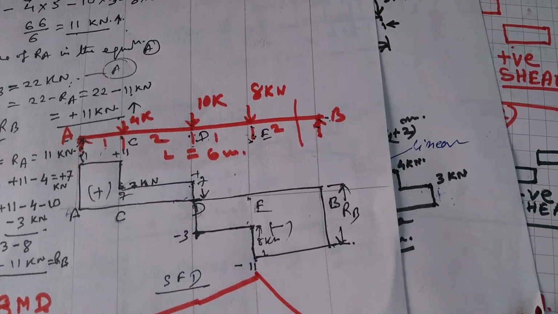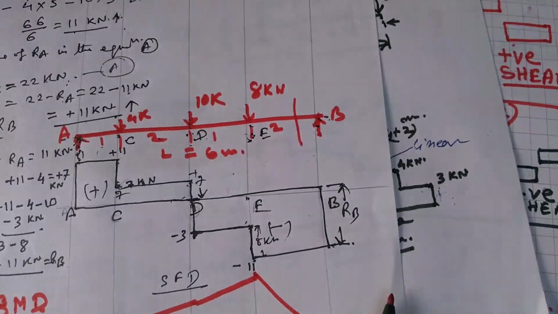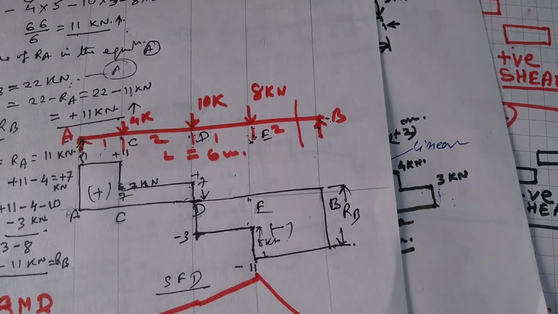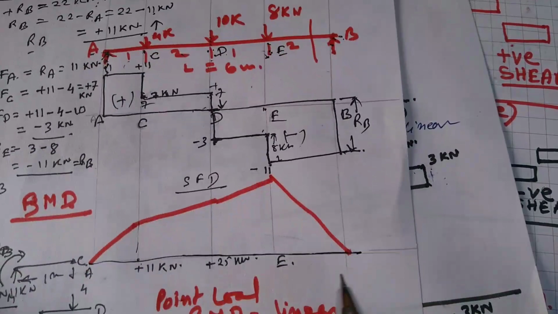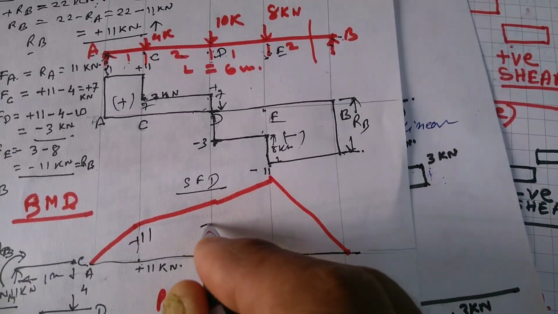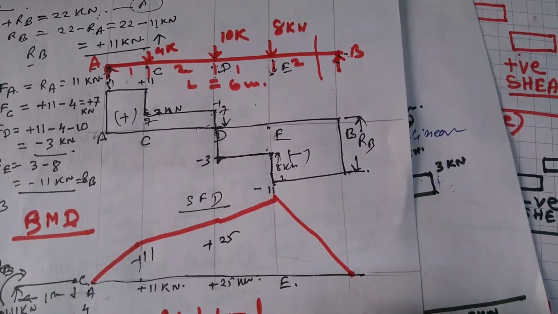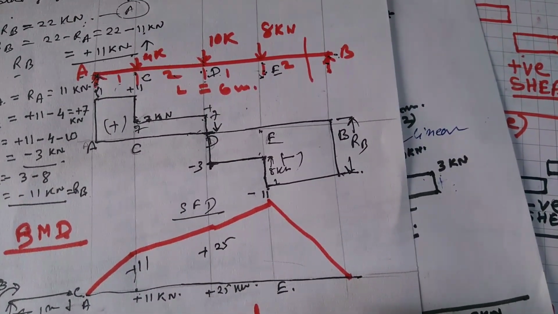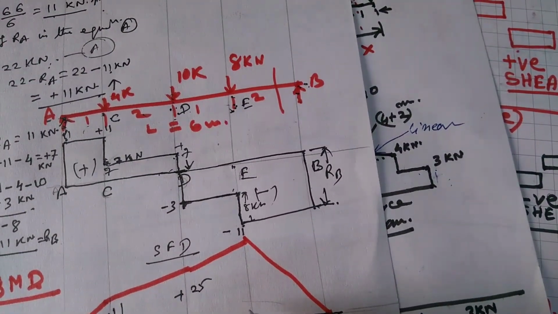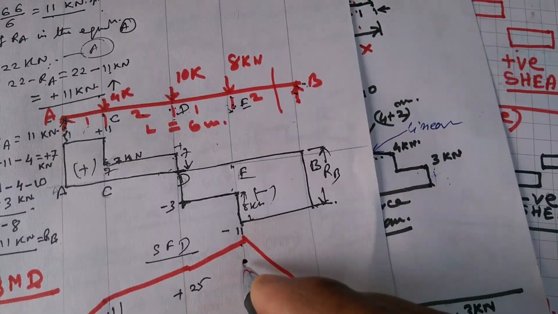Put your symbols like this. This is 11, this is the symbol, this is 11 plus, and this is 25, and again the bending moment at E is equal to 22. So this will not be above, but will be here.